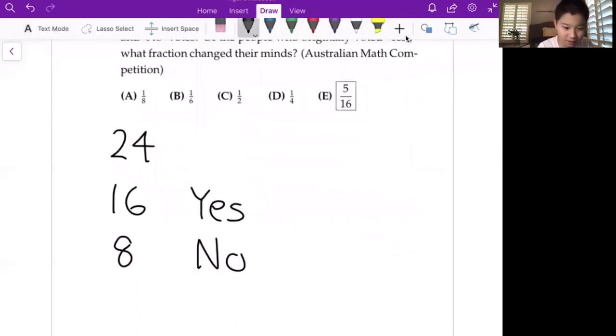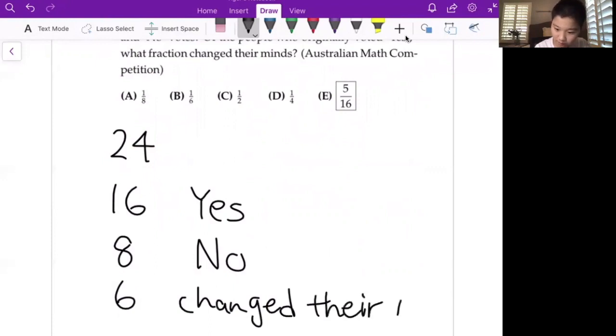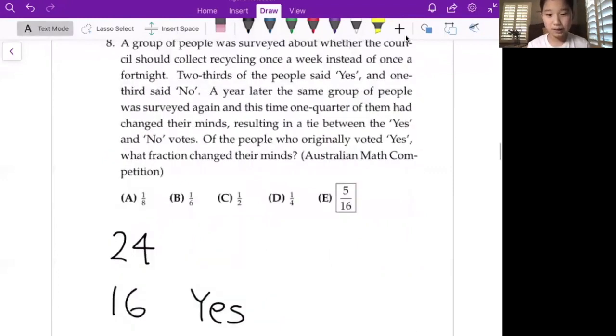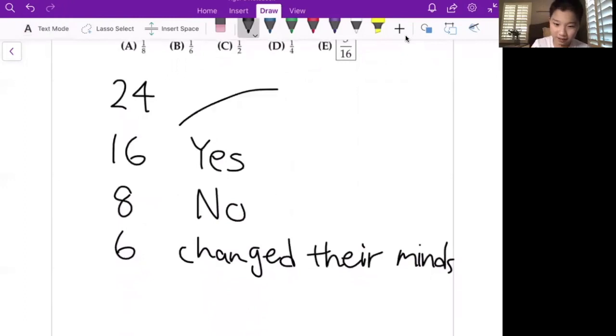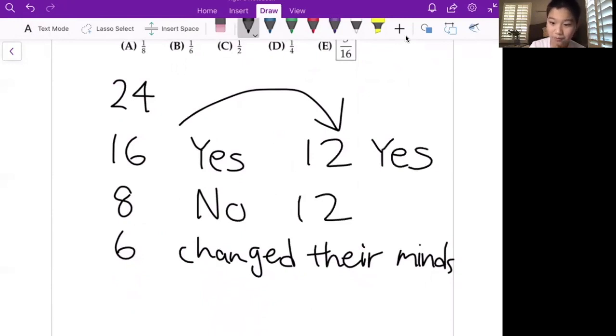Let's write that down. 6 change their minds. And then what? Resulting in a tie between the yes and no votes. So a year later, it becomes 12 yes and 12 no.